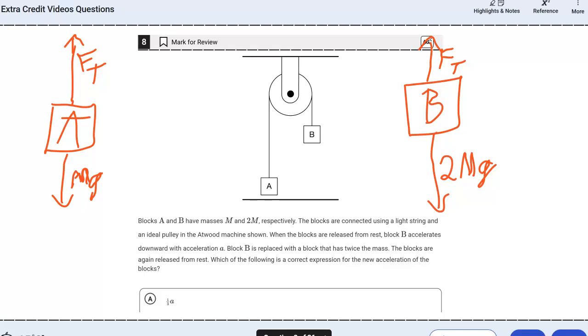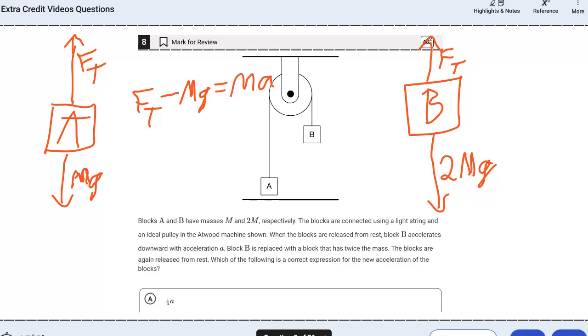So from these FBDs, we can set up a system of equations. For block A, our sum of forces, which is stuff that makes it go minus stuff that makes it stop, so the stuff making it go would be the tension force, minus the stuff making it stop, which would be mg, and that would be equal to ma.